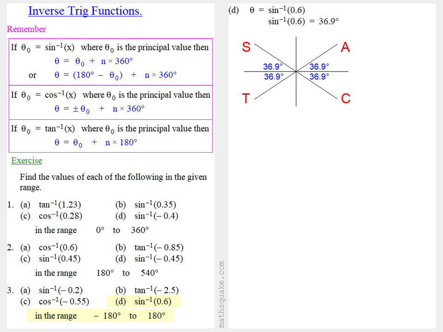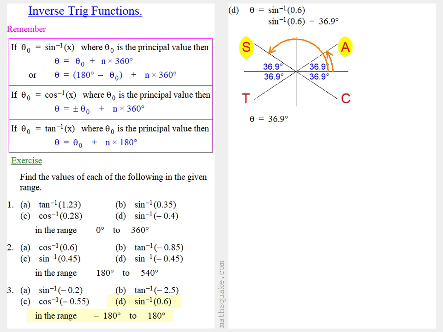Now, in the original question we were asked for the inverse sine of 0.6. So we want the quadrants where sine is positive. Now it's positive in quadrant A because all are positive, and it's positive in quadrant S because sine is positive. So to get to the angle in A, we have to go anti-clockwise 36.9 degrees, so theta could be 36.9 degrees.